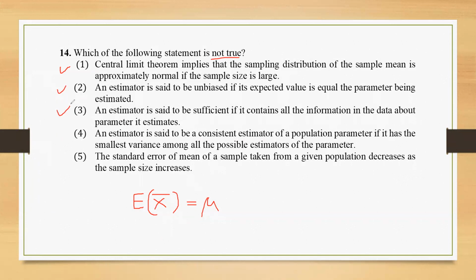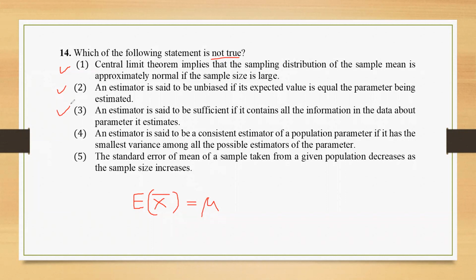Fourth one, an estimator is said to be a consistent estimator of a population parameter if it has the smallest variance among all the possible estimators of the parameter. Is it correct? What is the idea of consistency of an estimator? It is a little bit different.